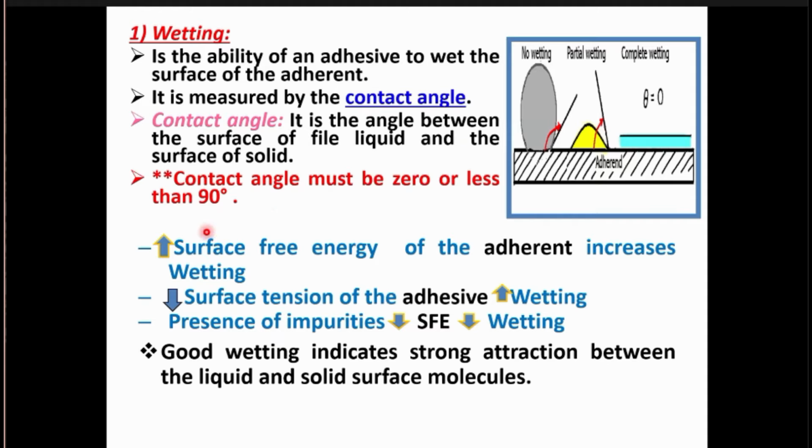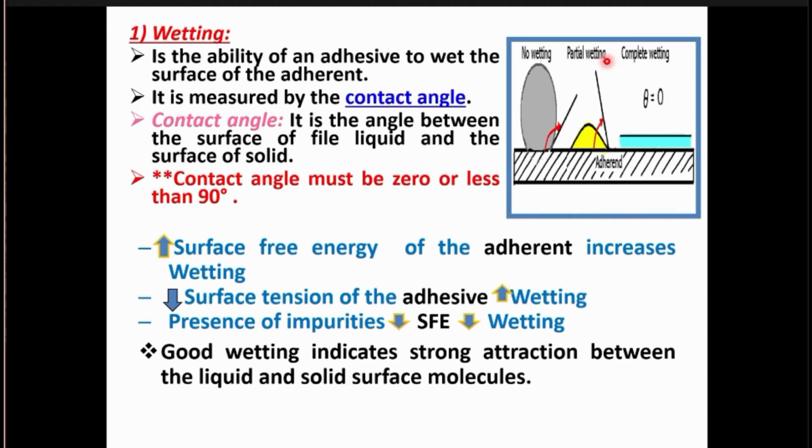Other factors which affect this are surface energy, the energy of the surface. A surface with higher energy will pull liquids to its surface. So if we have high energy, the contact angle will be reduced and it will give us high wettability and better adhesion.